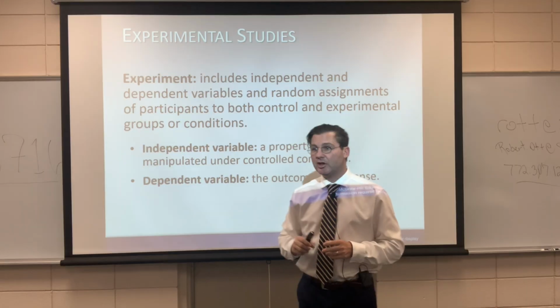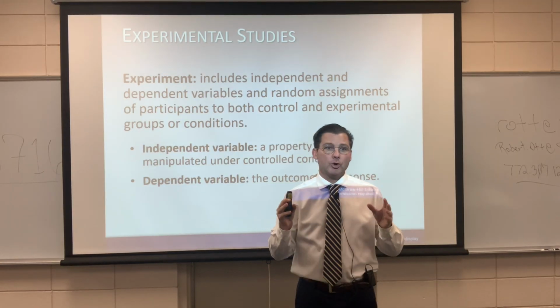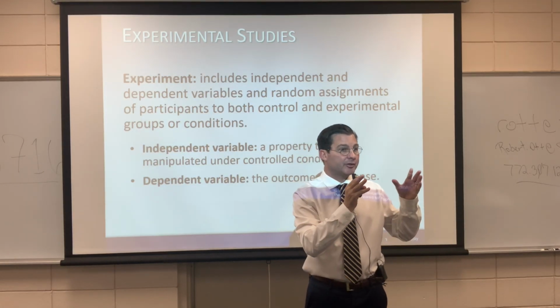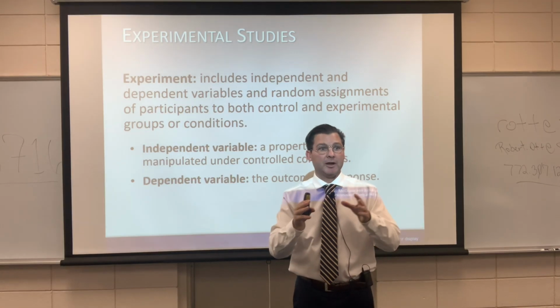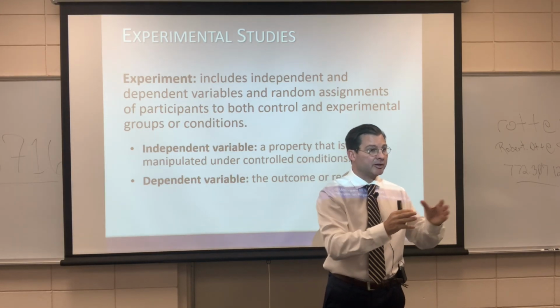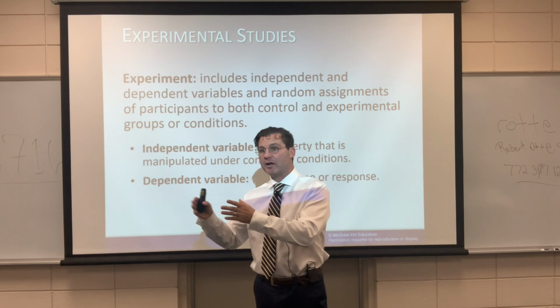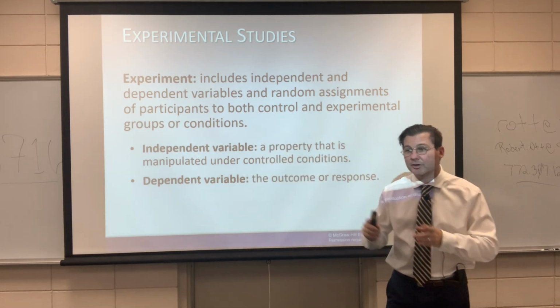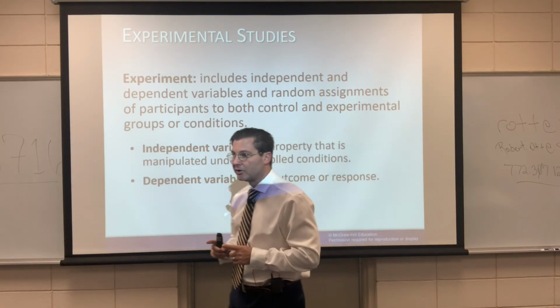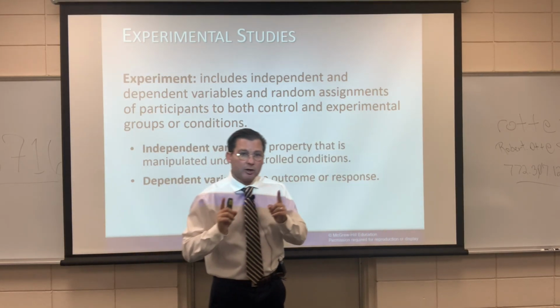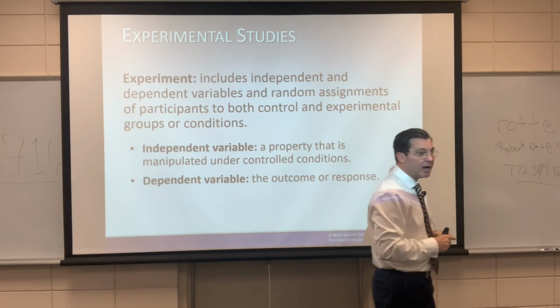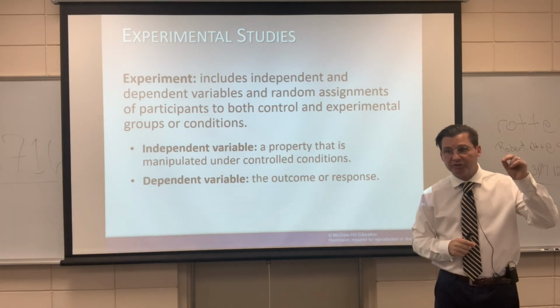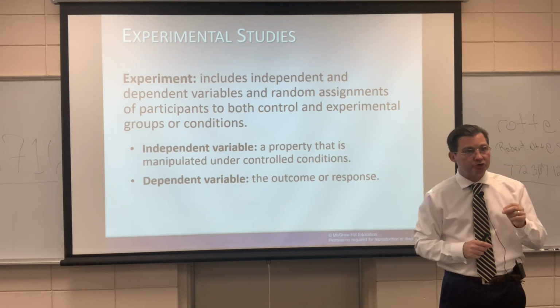And what they do is they take a group of men that are middle-aged, and a group of men that have reported ED, and a group of men that don't have ED. And they put them in, no, actually I got that wrong, I apologize. I was thinking about something else at the same time. They take a group of men that have ED, and they assign them to both the experimental group and also the control group.